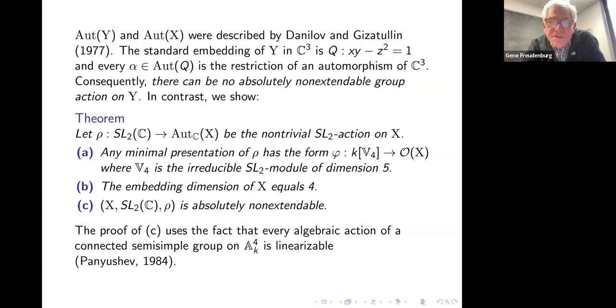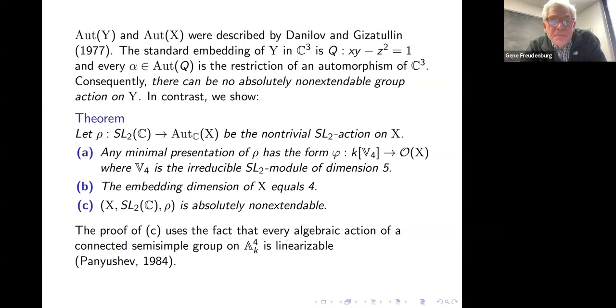Second, the embedding dimension of X equals 4. And the SL2 action is absolutely non-extendable, right? So the action is a restriction of a linear action in dimension 5. In other words, I can stick this thing in dimension 4, but not in dimension 3.